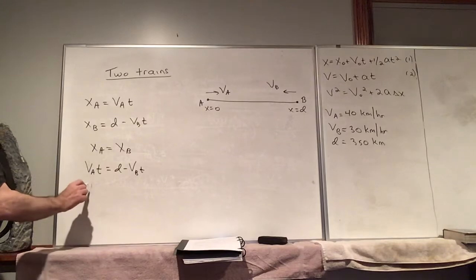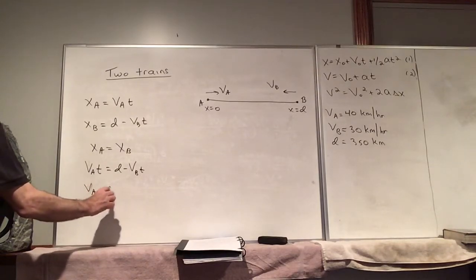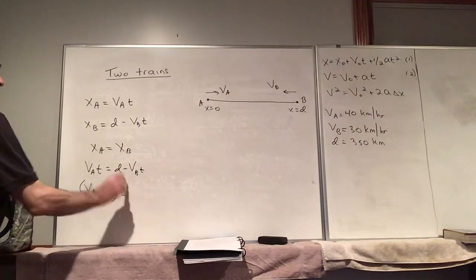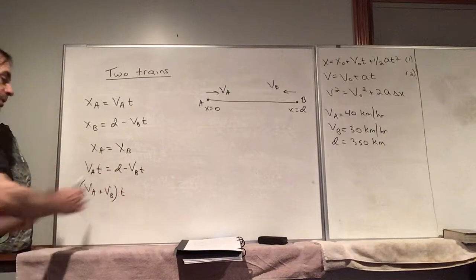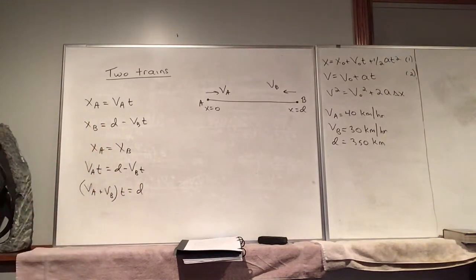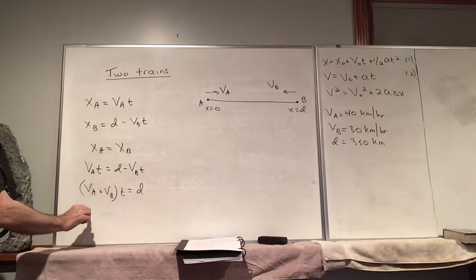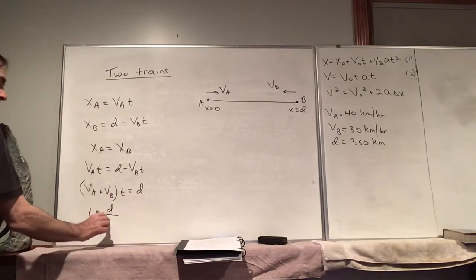And now let's add VBt to the other side. So we have VAt plus VBt. We can factor t out, and we have (VA plus VB) times t equals d. And then t would be d over (VA plus VB).